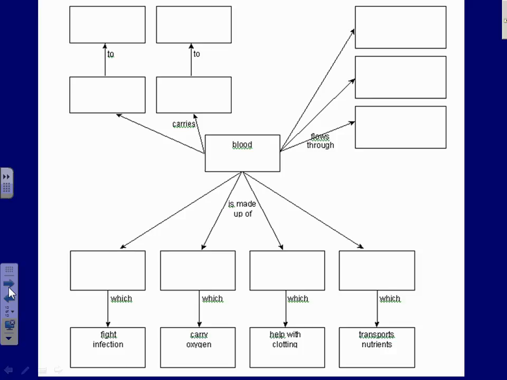White blood cells, fights infection. I like it. Carries oxygen. Yeah, red blood cells. Helps in clotting. Yep. Platelets.